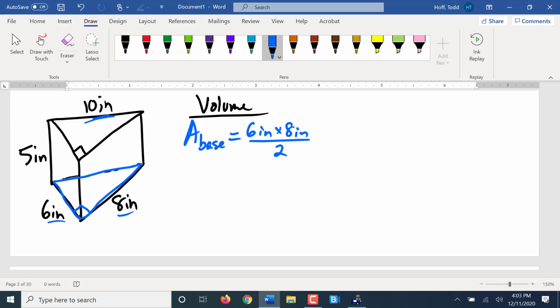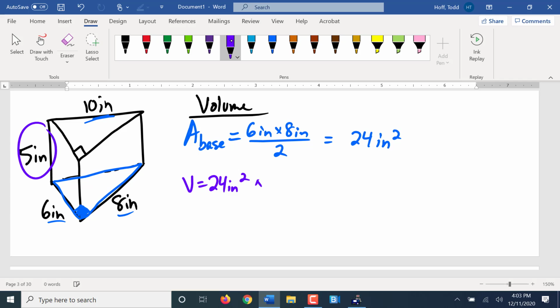When we find the area of a triangle, we have to use the 2 sides that form what? The 90-degree angle. Good, the right angle. So that gives us 24 square inches. What do we do with that to get our volume? Times that height of 5 inches. So 120 cubic inches.